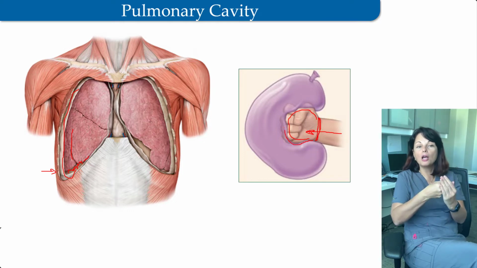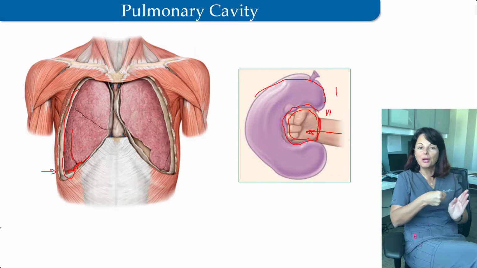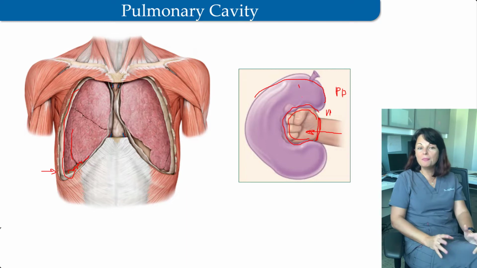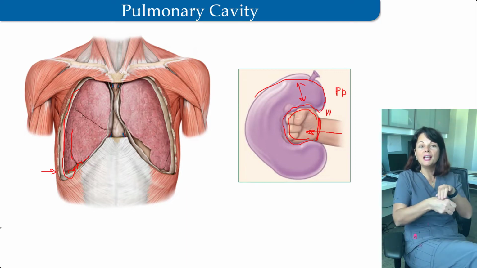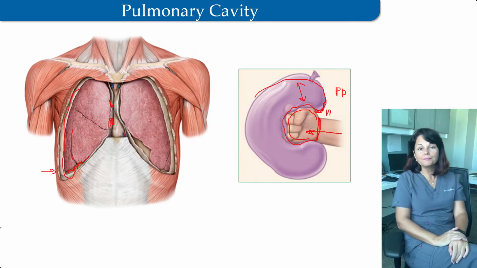The inner part of the balloon, adjacent to your fist, is comparable to the visceral pleura now, and the remaining outer wall of the balloon represents the parietal pleura. The cavity between these two layers of the balloon represents the pleural cavity. At your wrist, the inner and outer walls of the balloon are continuous with each other, as well as the visceral and parietal layers of pleura, forming the pleural sac.